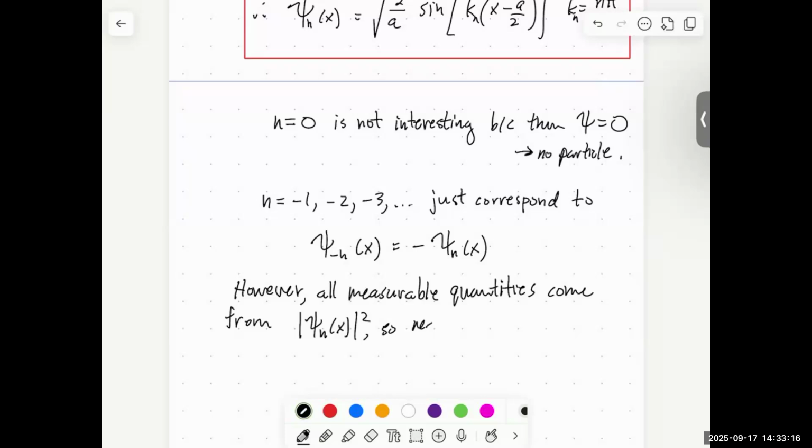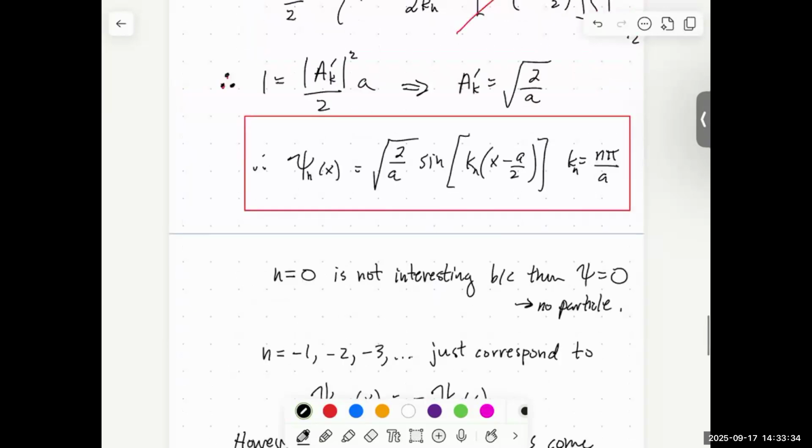So the negative n values do not give any new information. All right, and so that means over here, we just have to worry about n equals 1, 2, 3, all the positive integers, not n equals 0.